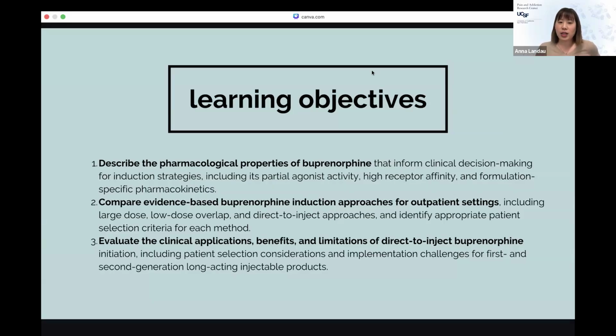Then evaluate the clinical applications, benefits, and limitations of direct to inject buprenorphine, which is the most recent and popularized method of starting buprenorphine as of late, including patient selection considerations and implementation challenges, especially for first and second generation long-acting injectable products.